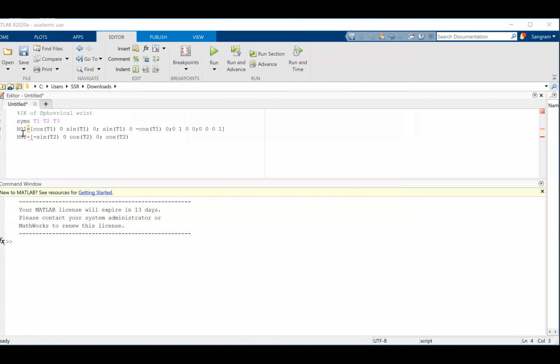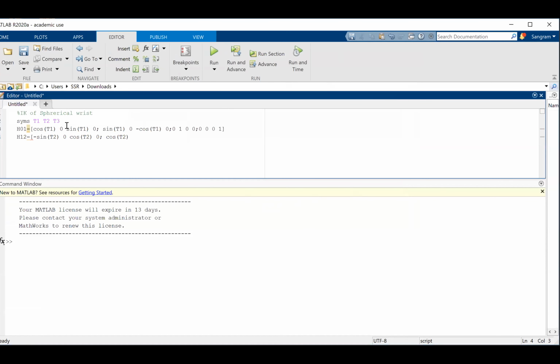H02. Oh, H12. Yeah, H12. Okay, cosine T2, then 0, sine T2, 0. Next one is 0 1 0 0, 0 0 0 1.